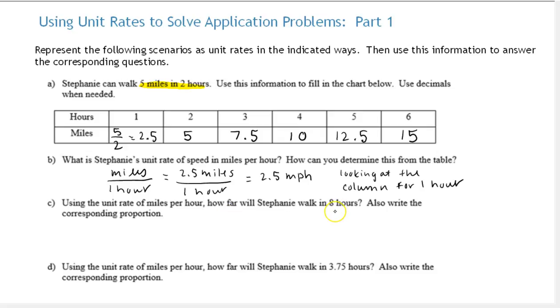In 8 hours, she'll walk 8 times as far as she did in 1 hour. Okay? So using the unit rate, I'm going to write 2.5, and I'm going to write this as miles over 1 hour instead of the shorthand, and you'll see why in a minute. So 8 hours, 8 times as many as 1 hour.